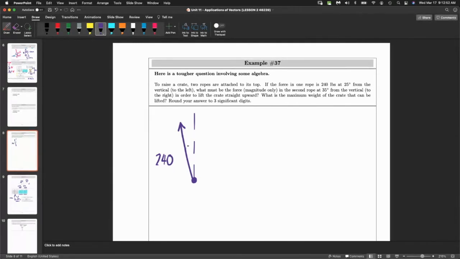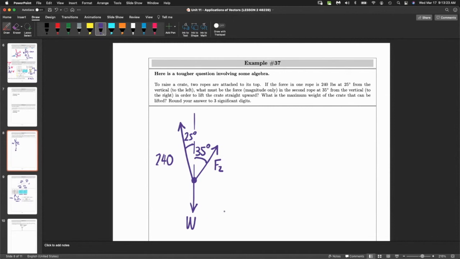And it's 25 degrees. And there's also another force that we don't know what the magnitude of it is. I'm just going to call it F2. And we're going to give it a direction of 35 degrees. And then we have the weight of the crate acting down, which is W.